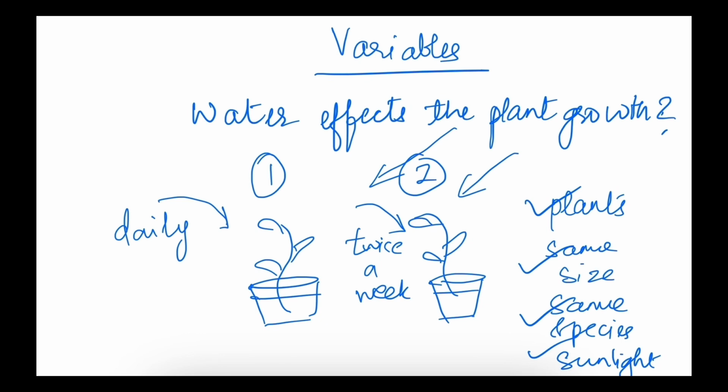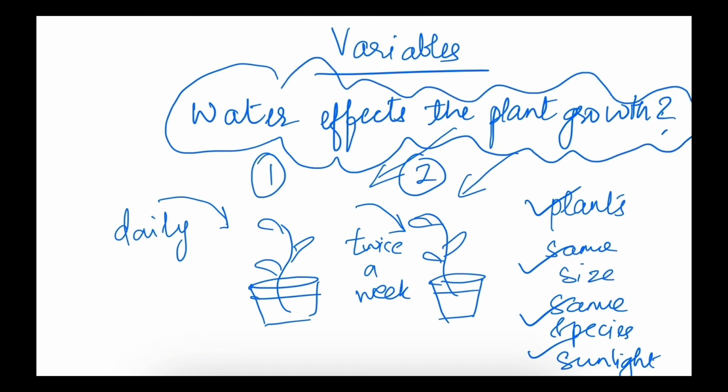So what exactly I am trying to find out? This thing, right? Whether water affects the plant growth. So in any experiment, something that we are trying to measure or we are trying to find out is the dependent variable. Okay? Is the dependent variable.